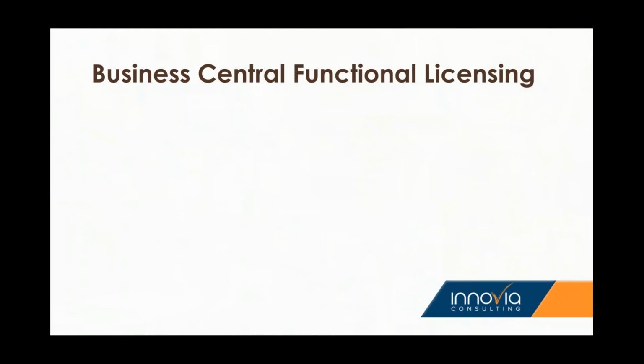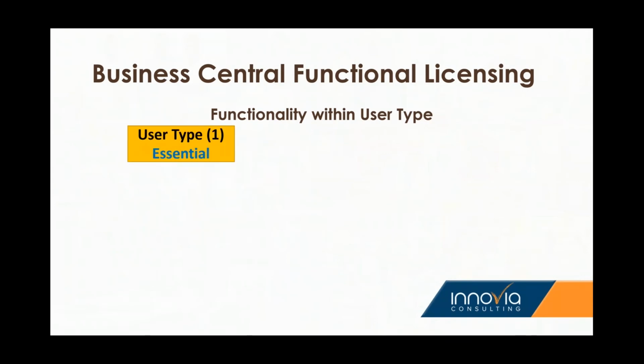Now, as we look at the Business Central functional licensing, we'll see that it's structured very differently than how NAV was. Instead of building blocks, we have the functionality within the user type. The first user type is essential, and this includes all the functionality except for manufacturing and service management.